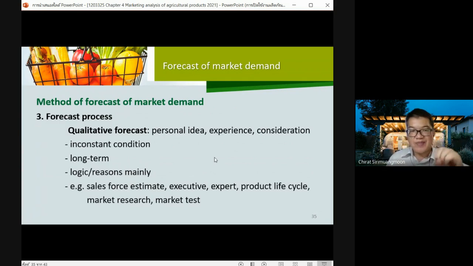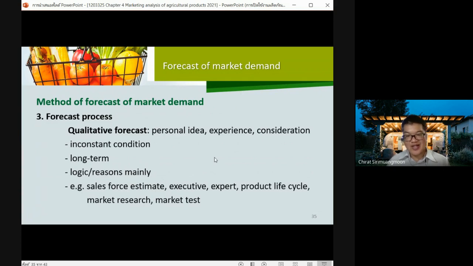Like you have the company in Bangkok, and then you have sales representatives in Chiang Mai, Khon Kaen, Songkhla, for example, for all regions. Then you collect the information from the sales force. Then you make the conclusion to have the market forecast.